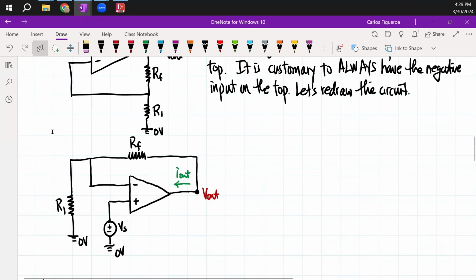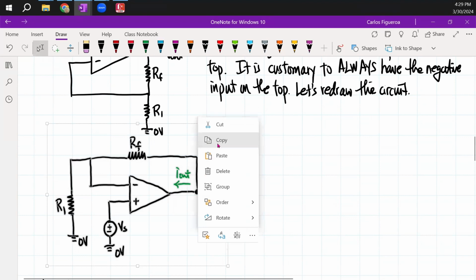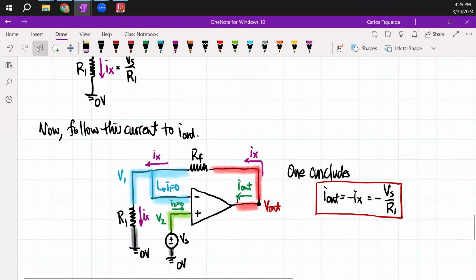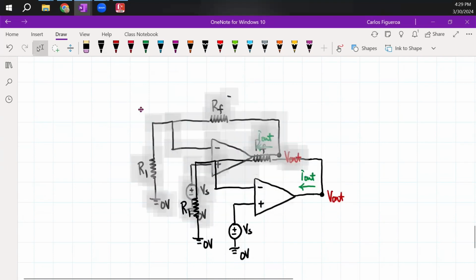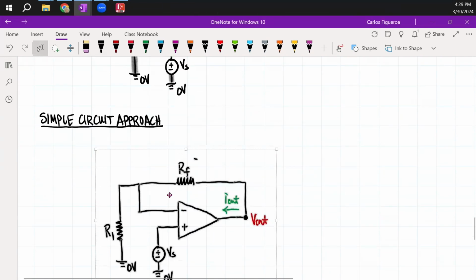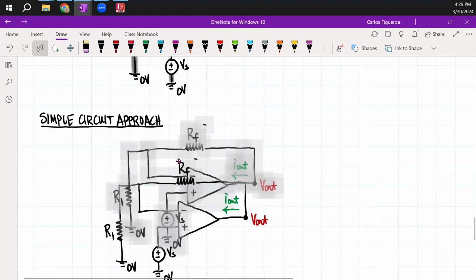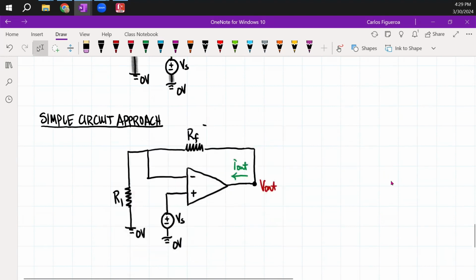I'm going to say that this is our circuit right here, and let's bring it all the way down. We want to start with a fresh circuit. So this is the circuit that we want to look at.